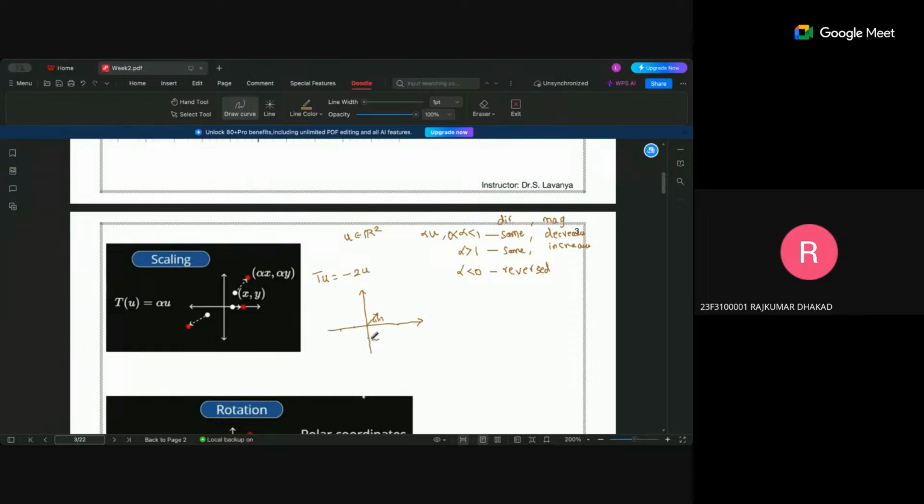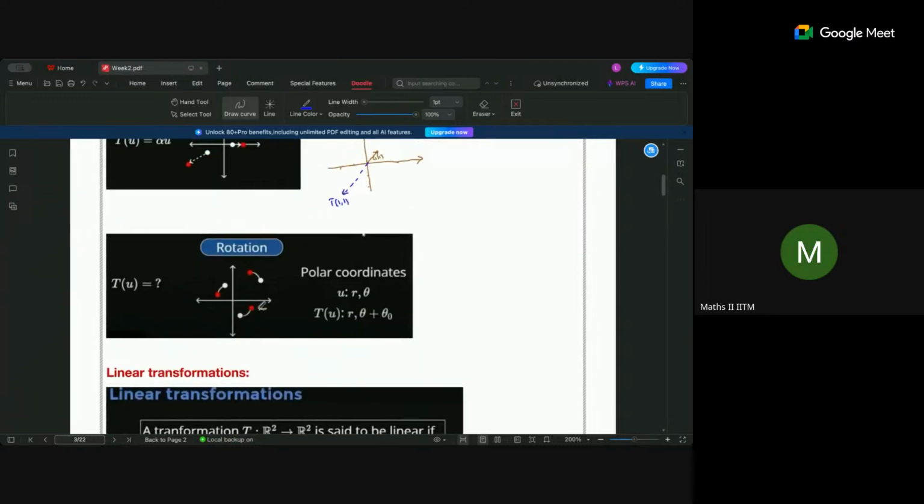Minus 2, 2, yeah. So you will have it somewhere here, right? It is going to be this vector. So it is still lying on the same line, but you see that the direction is reversed and the magnitude has increased. So this is T of 1 comma 1. Okay, so this is what scaling is, and this is a transformation.